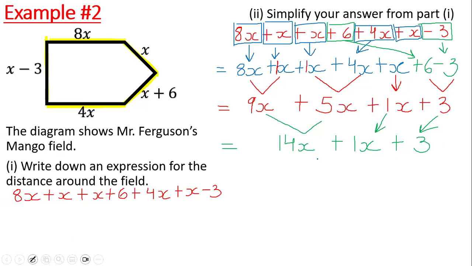Now we're not finished, because 14x plus 1x is what? 15x. Plus what? Plus 3. Bring down the 3. And then we have 15x plus 3. No, that's 18x, right? It's a long one.